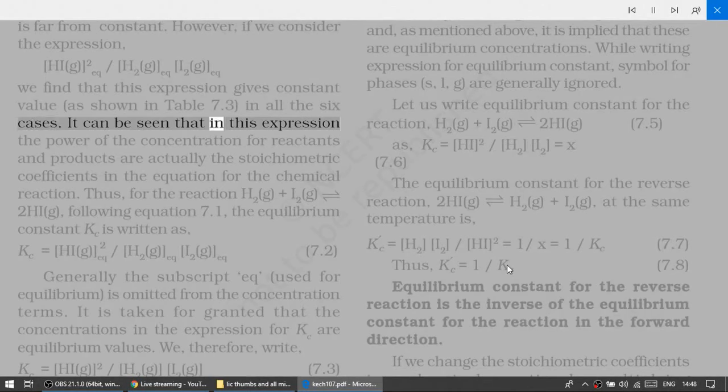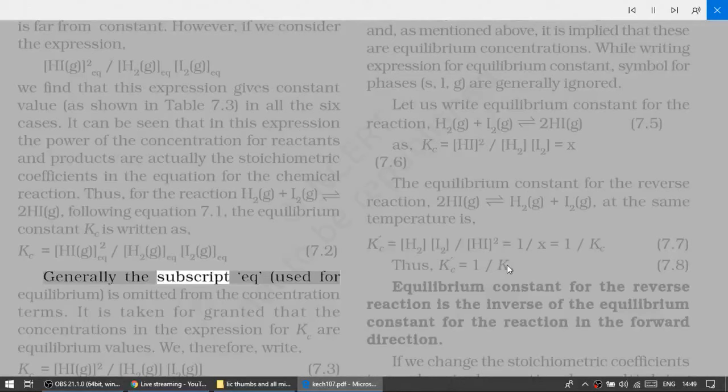It can be seen that in this expression the powers of the concentrations for reactants and products are actually the stoichiometric coefficients in the equation for the chemical reaction. Thus, for the reaction H2(g) + I2(g) ⇌ 2HI(g), following equation 7.1, the equilibrium constant Kc is written as Kc = [HI(g)]eq^2/[H2(g)]eq[I2(g)]eq (7.2).